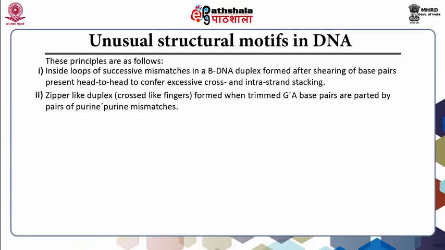Second, the zipper-like duplex or crossed fingers formed when trimmed GA base pairs are flanked by pair of purine-purine mismatch. Third, stacking is not confined to base, even deoxyribose has ability to do so.